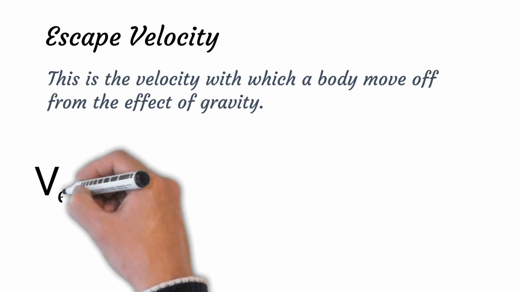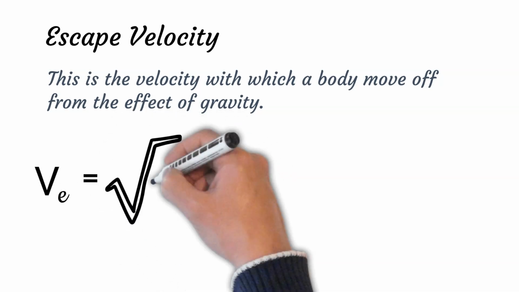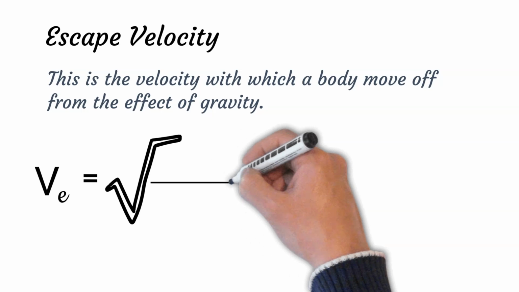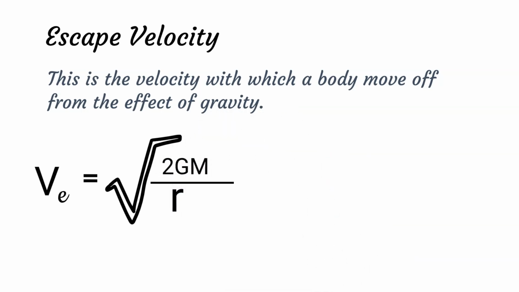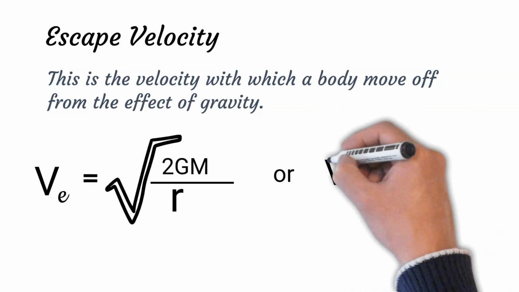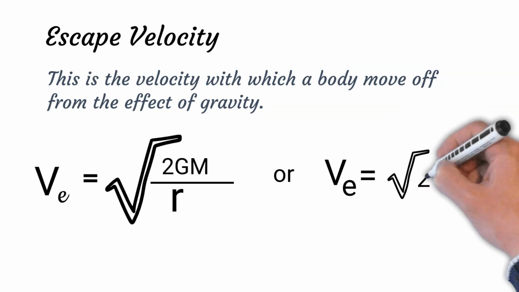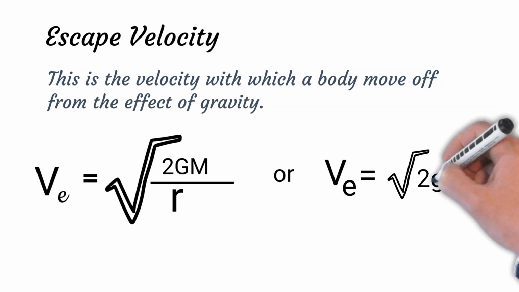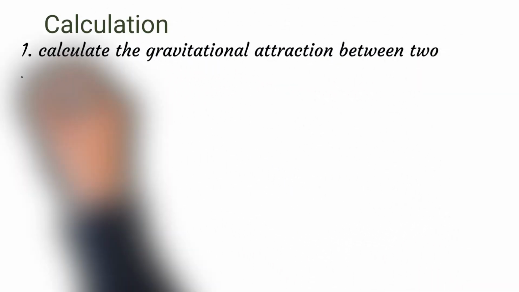We use v sub e to denote it, and it's given as the square root of 2 big G m all over r, or we can also express v sub e as the square root of 2 small g r.